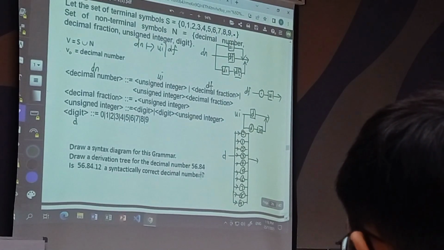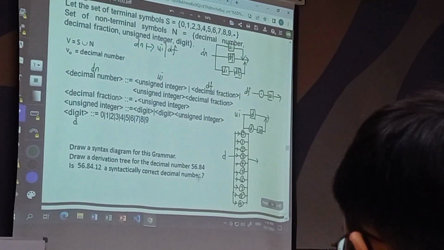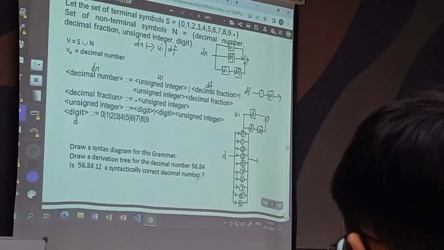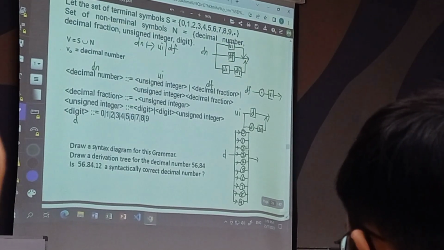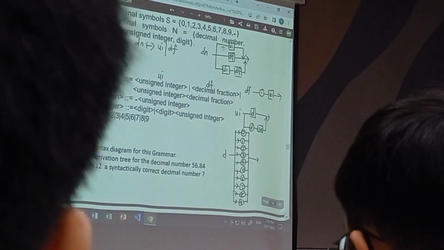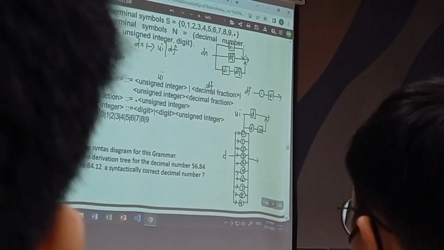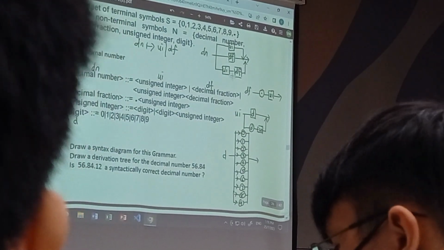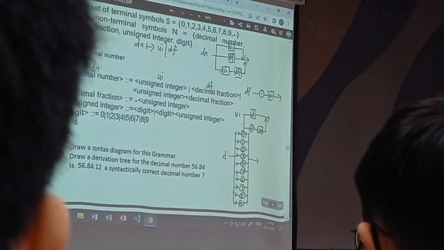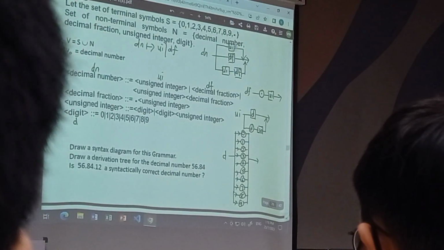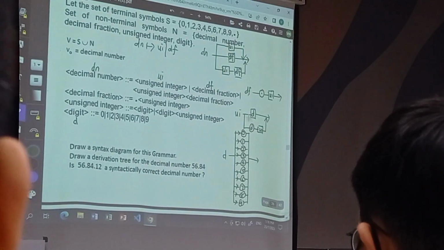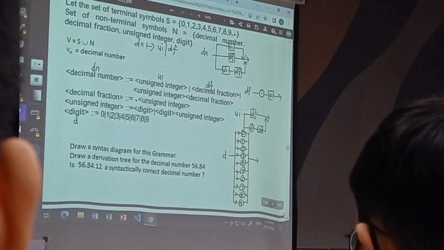Now, before we draw this derivation tree, if let's say you want to draw the master diagram, then how do you want to draw? Master diagram means you need to combine all the 4 here in one, right? So actually the decimal number is the starting point, and this is the master diagram that you can draw, because unsigned integer here you need to replace it with a digit or digit unsigned integer here.